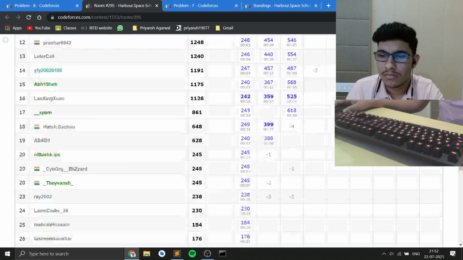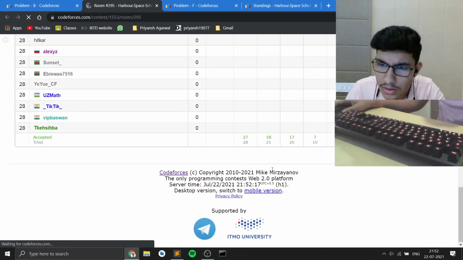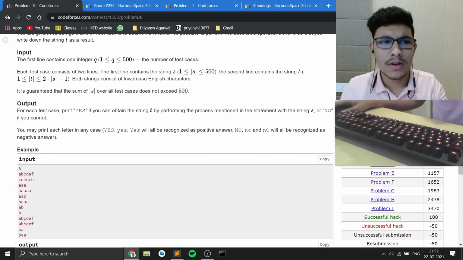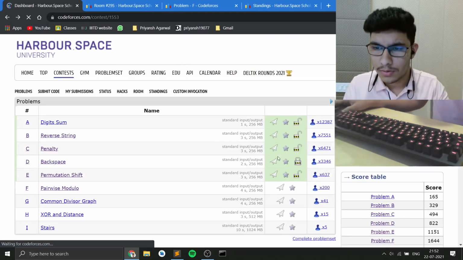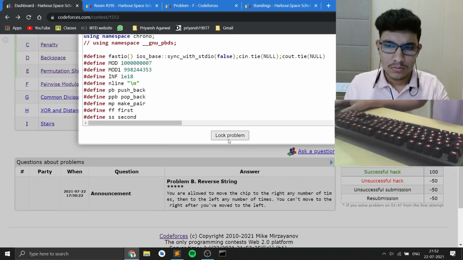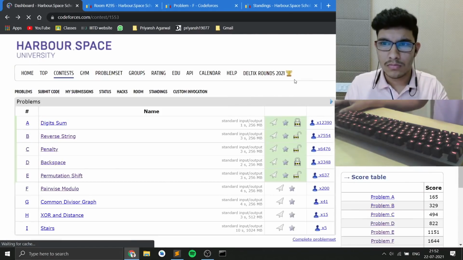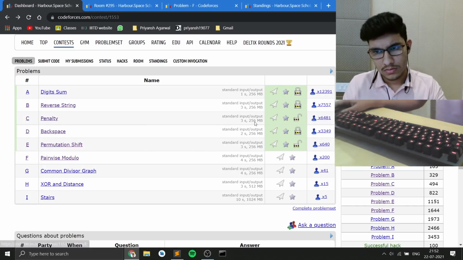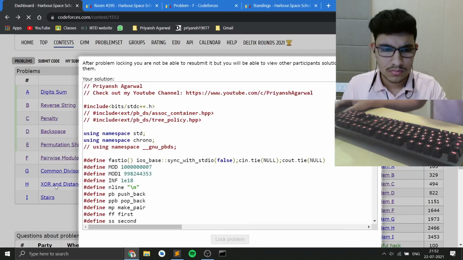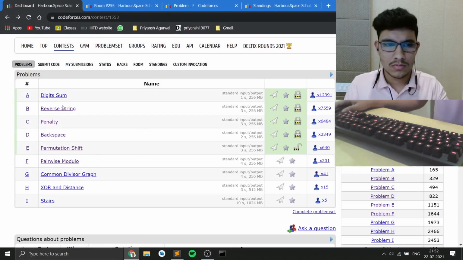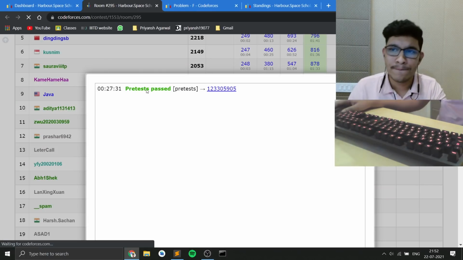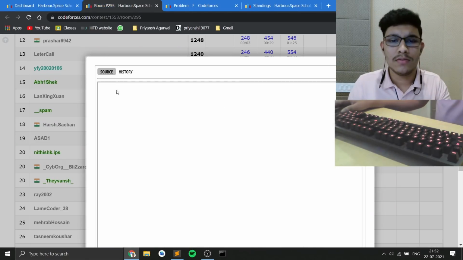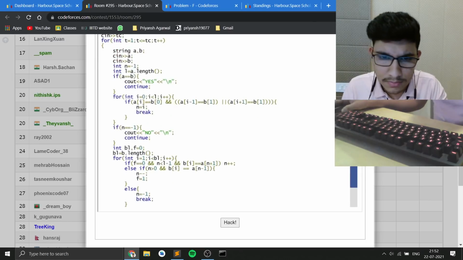I am not able to see the problems. Oh, okay, I have to lock it, right? I have to lock the problem. Yeah, let me just lock A and B. Okay, now let's look at it. So what was this B problem? Yeah, we had to just basically form string B from string A.